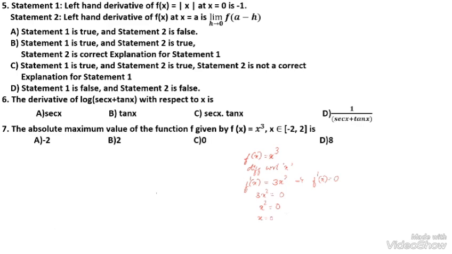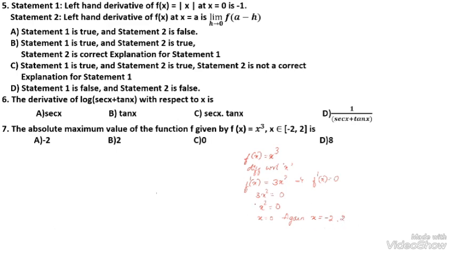Now again, we have to take the endpoints of x. One point is taken from the differentiation, and the other two are the endpoints, that is, minus 2 and 2.